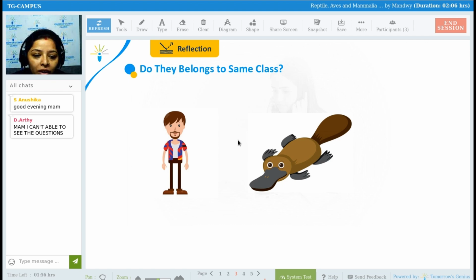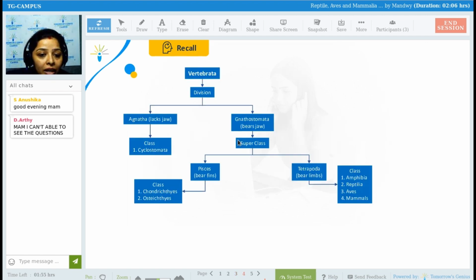Okay, so what do you think? Do they belong to the same class? Yes, ma'am, they belong to the same class. Can you tell me the name of that class? Mammalia. Very good. In today's class, we are going to discuss Mammalia, Aves and Reptiles.